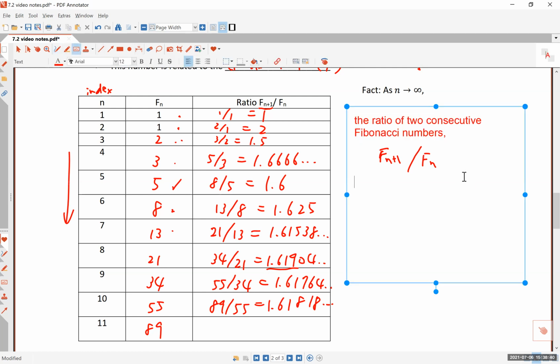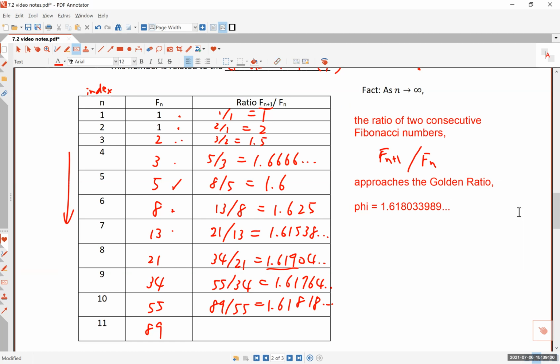And so this ratio approaches the golden ratio, which is phi, and that is 1.618033989... Okay, now that is the correct answer. This is a solution to that quadratic equation I worked out on the front page.